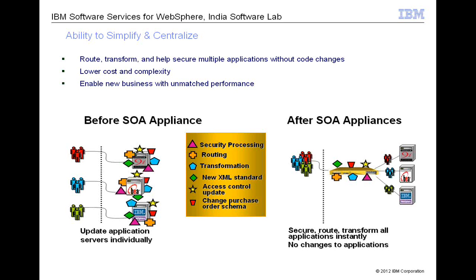Now, the architectural benefit of doing all of this in a centralized location is the value that DataPower provides, and that can be seen in the picture on the right. Your applications need not really bother about the security processing, the routing, the transformation. All of that gets done inside of DataPower, and you alleviate all of that work from the back end into DataPower.